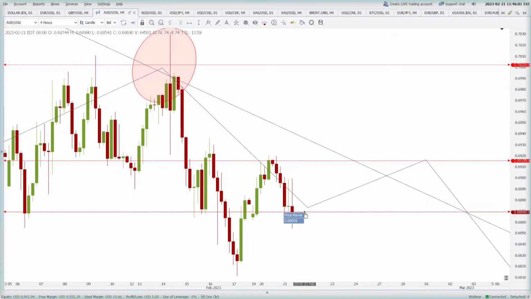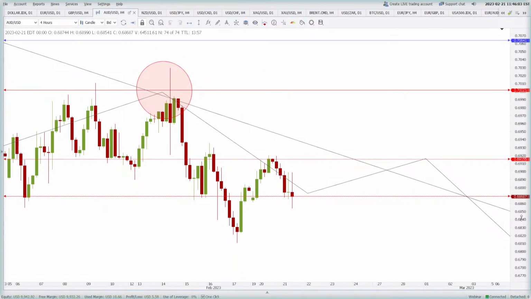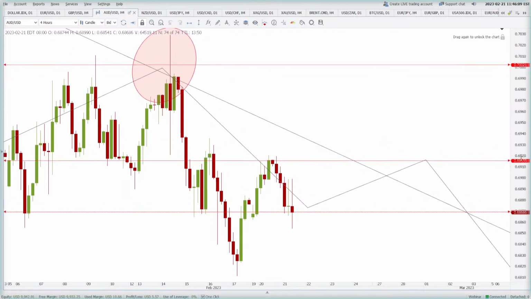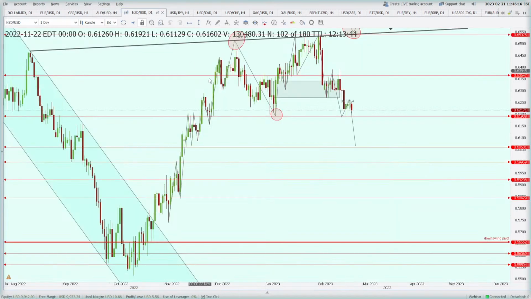Any close below 0.6869 will open the way towards 0.6728 in this market, guys. On the contrary, if the price starts going up, then the 0.6915 area will act as resistance in the coming time.